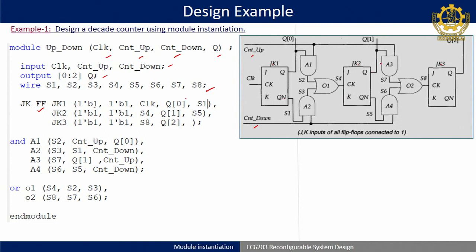Okay. Similarly, in this case J is 1, K is 1, you see it is a positional association. CK is S4, Q is Q1 and Qn is S5. In the JK3 case, J is 1, K is 1, CK is S8, and Q is Q2, Qn is unconnected, nowhere connected, so it is left blank.